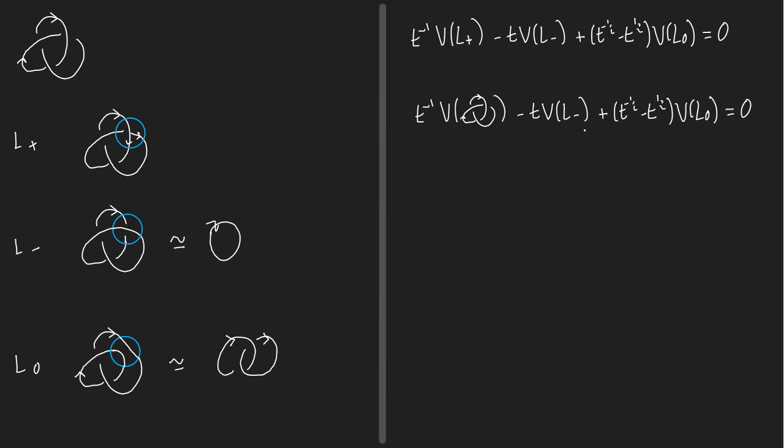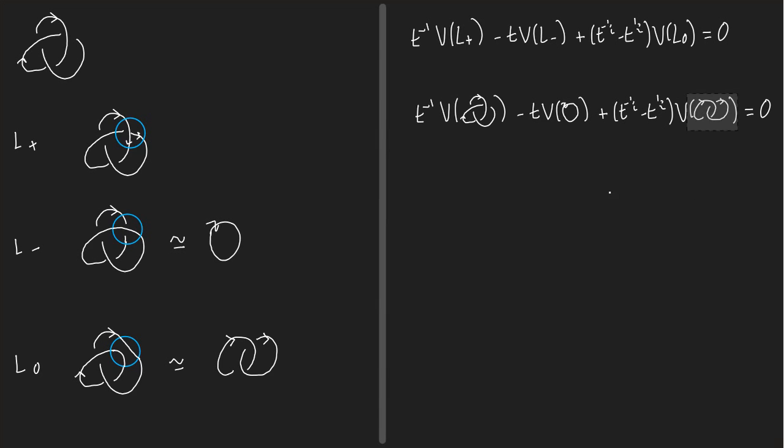L minus was the unknot. So let's just put an unknot in there. And what was L0? L0 was the Hopf-Link. So let's put the Hopf-Link in there.